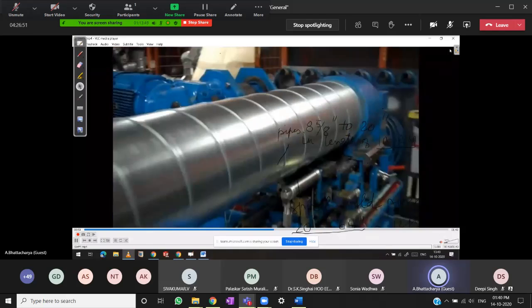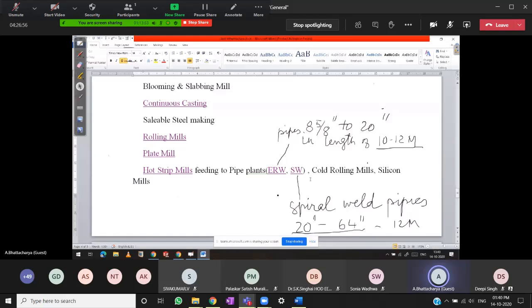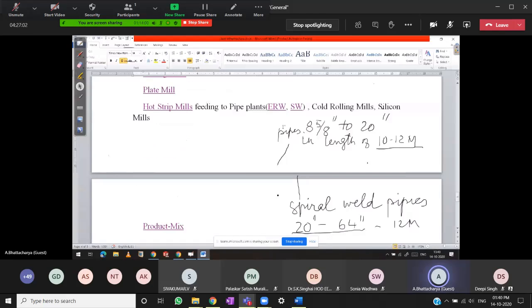Just now in spiral pipe, what happens? Say this is the central pipe. This is there. So this is the spiral. So this strip side, this is the width of the strip and this is the diameter.